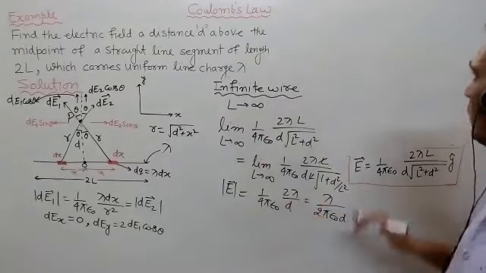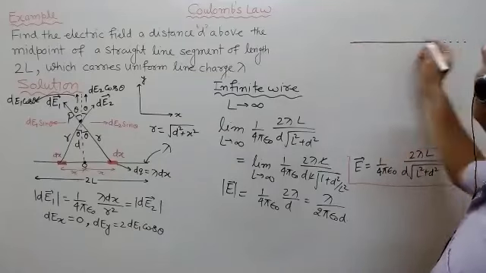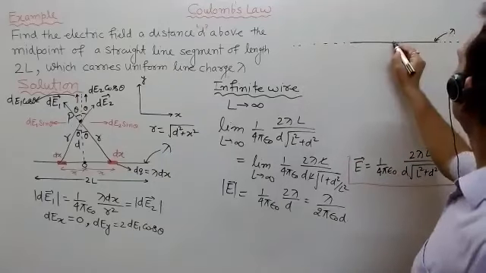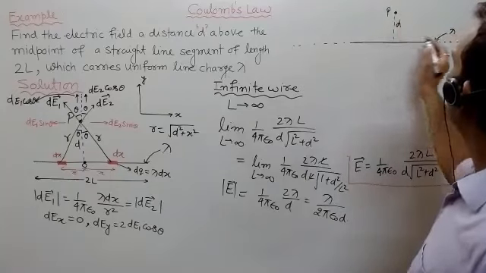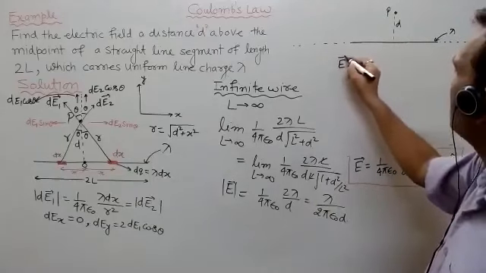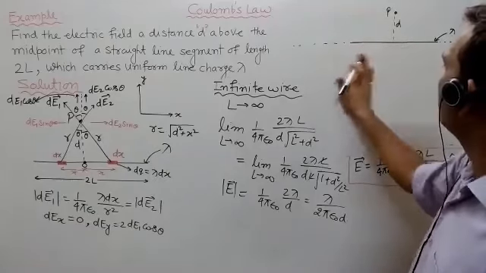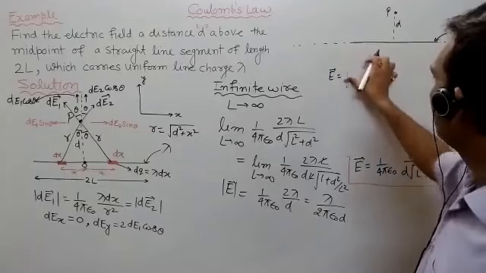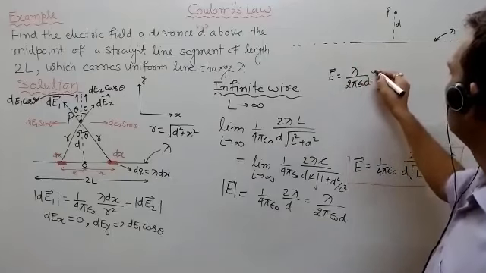So now you can see the wire is infinite. Its charge per unit length is lambda, and you have to see what the electric field will be at point P, that is d distance away. So this is the electric field. Electric field E is given by lambda by 2 pi epsilon naught d y cap.